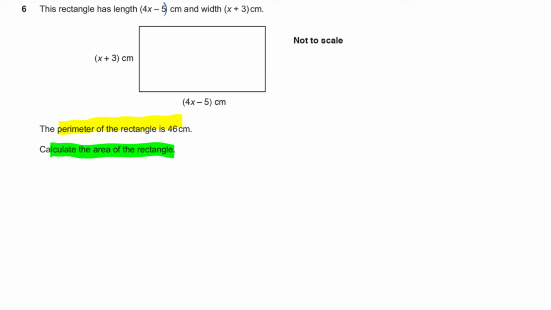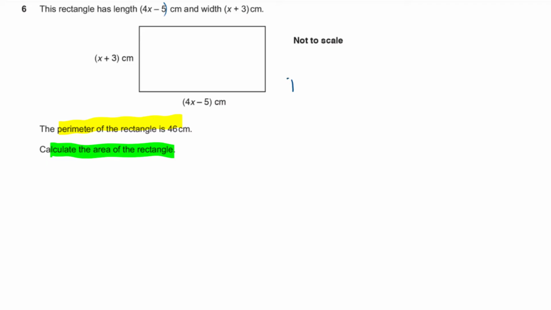Okay, so let's do the perimeter thing first. Now the perimeter of the shape is the distance all the way around the shape. So if you start in one corner and you stroll down one end, around there, and up there again, how far have you gone? Okay, so basically we're just going to add the four sides of the rectangle together.